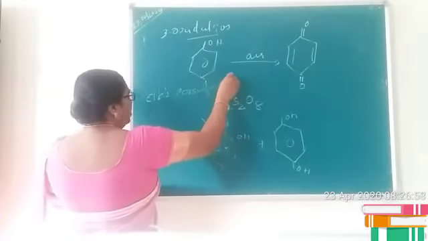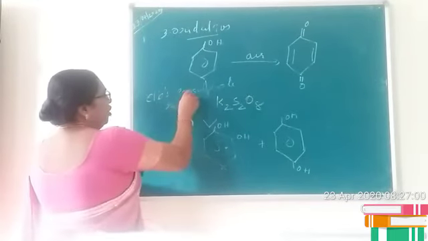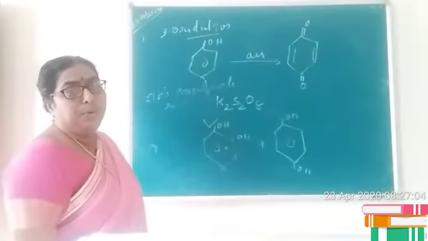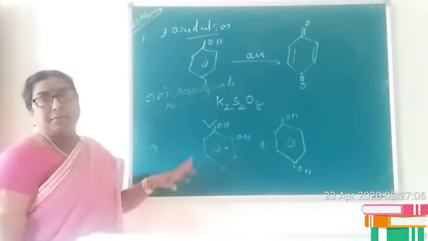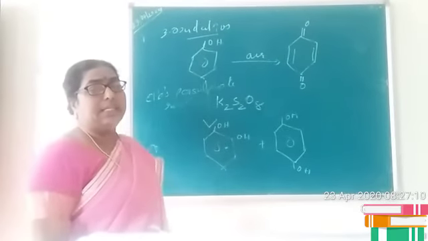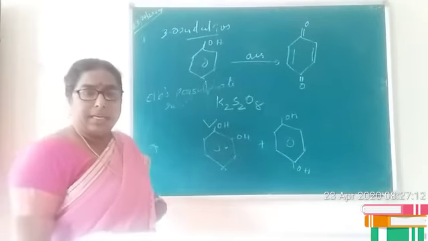Is it clear? Oxidation of phenol in presence of potassium persulfate will give you a mixture of 1,2-dihydroxybenzene and 1,4-dihydroxybenzene, termed the Elbs persulfate reaction.